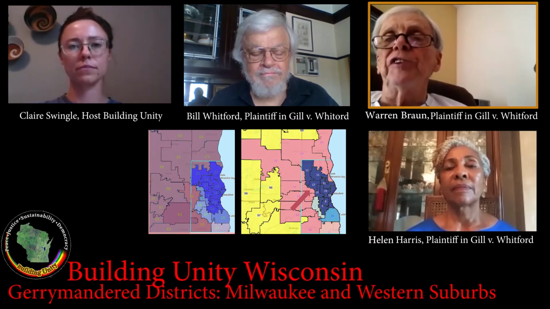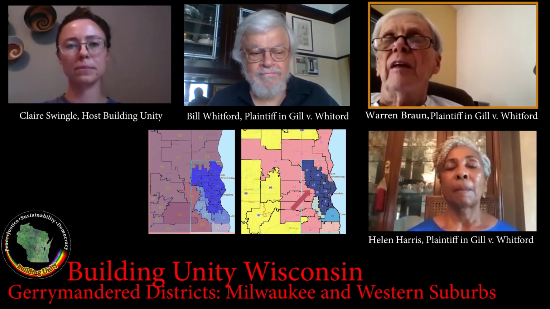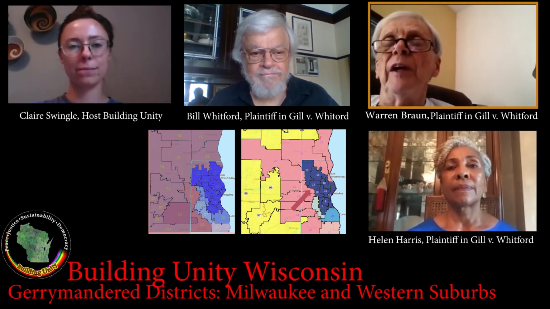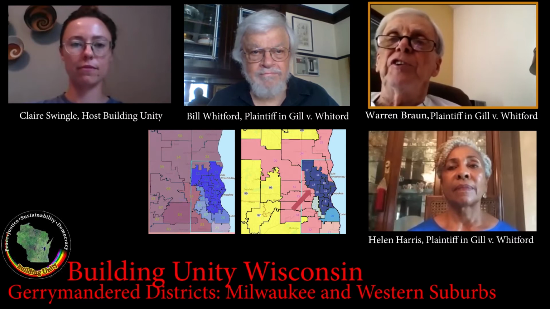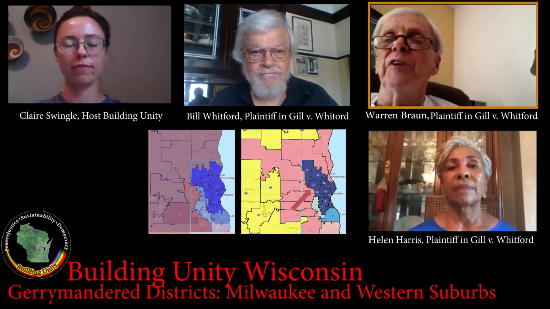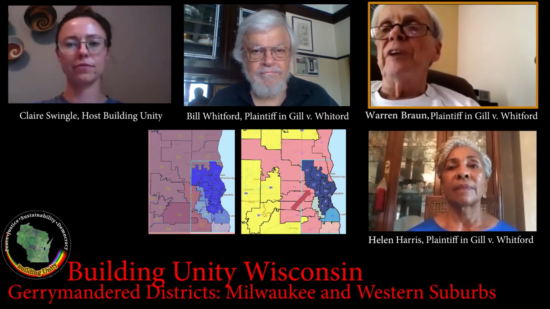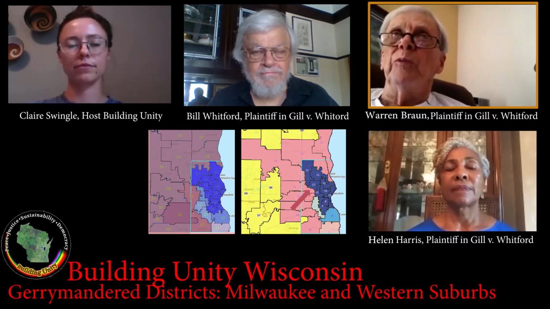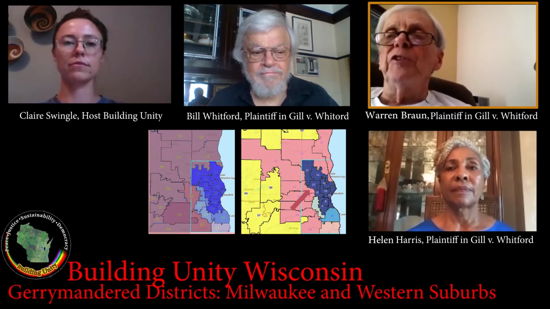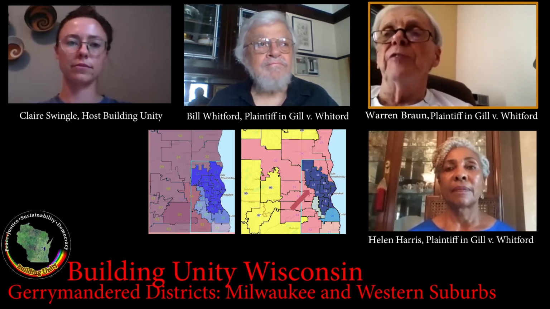When I moved to Wauwatosa 10 years ago, my wife and I found out that we live in eastern Wauwatosa, which is a district which is fairly well divided between Republican, Democrat, conservative, liberals, and so forth. And so we knew some of the officials who lived in Wauwatosa, not too many, but a few.